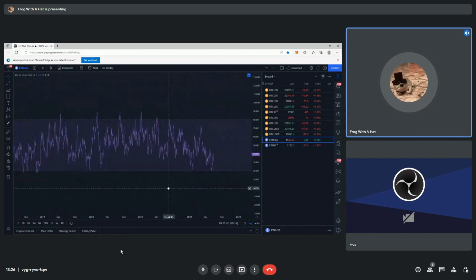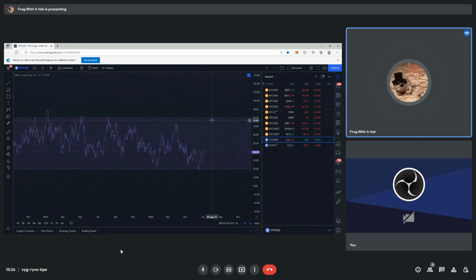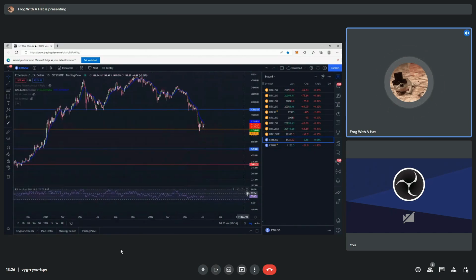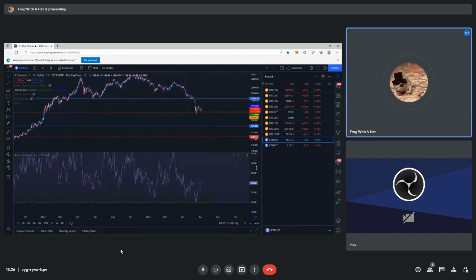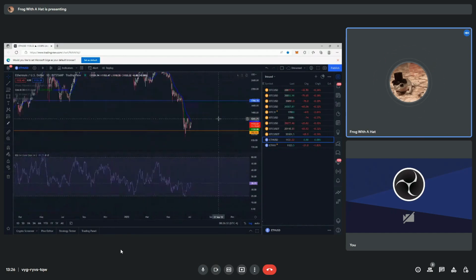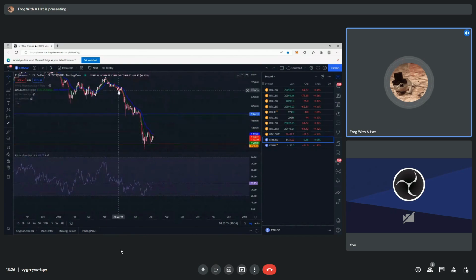The RSI's goal is to show you momentum. It shows you momentum of buys and sells. I'm going to make it a little bigger so you can see it. We're on the Ethereum chart right here. So we only have two indicators open: the leading indicator, the 8 21 EMA, and the RSI, which is a lagging indicator. There are key points for the RSI.